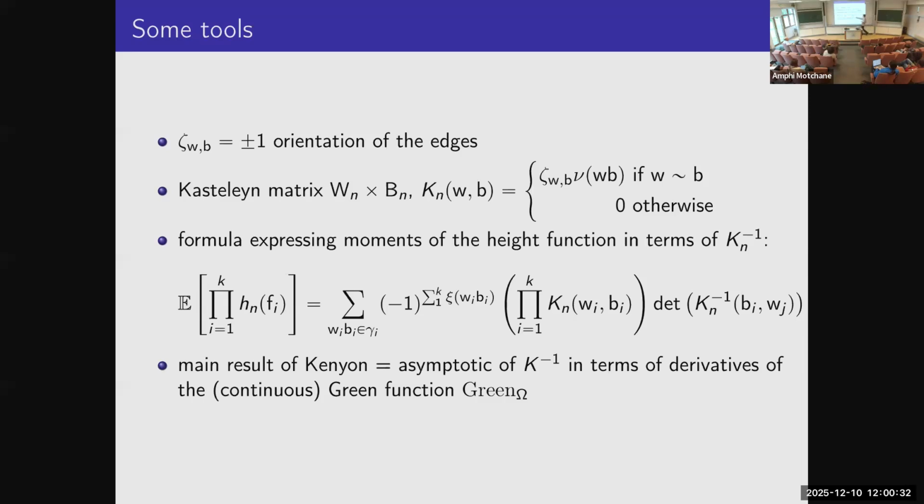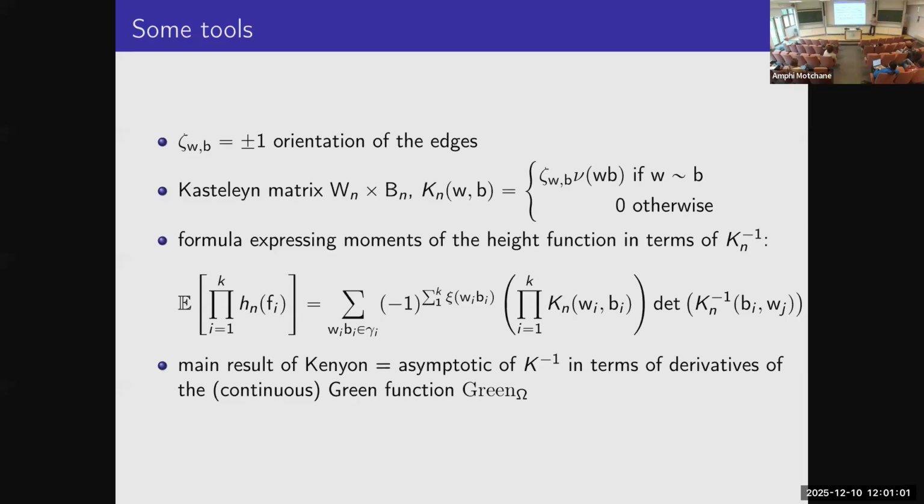And the sum is over paths from boundary points to the faces where you want to compute the height function. And so the important thing is that this is the quantity which depends on the Kasteleyn matrix and the inverse Kasteleyn matrix. So you have a determinant involving inverse Kasteleyn matrix.